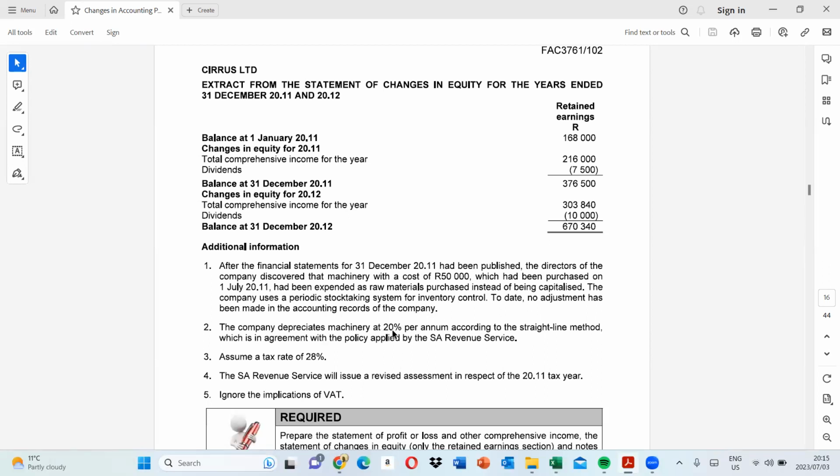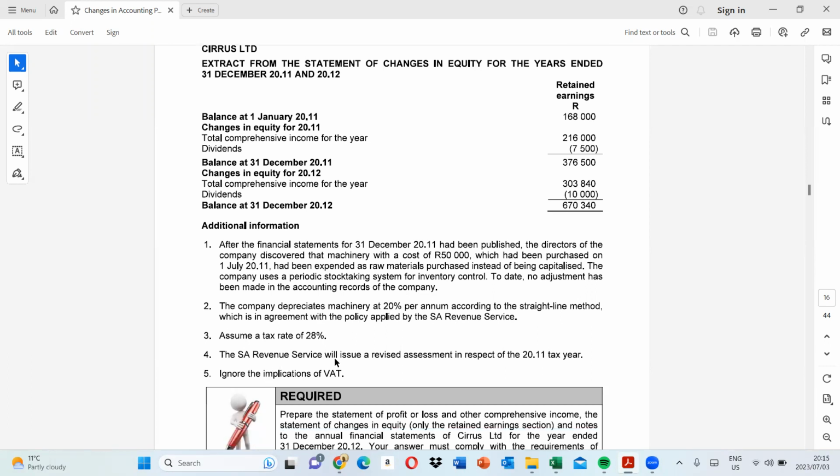The company depreciates machinery at 20% per annum according to the straight line method, which is in agreement with the policy applied by the SA Revenue Service. Assume a tax rate of 20%. The SA Revenue Service will issue a revised assessment in respect of the 2011 tax year. Ignore the implications of VAT.